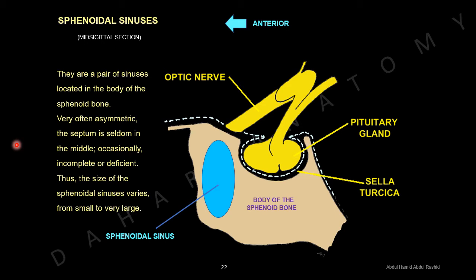The sphenoidal sinuses are a pair of sinuses located in the body of the sphenoid bone. Very often asymmetric, the septum is seldom in the middle, occasionally incomplete or deficient. Thus, the size of the sphenoidal sinuses varies from small to very large.